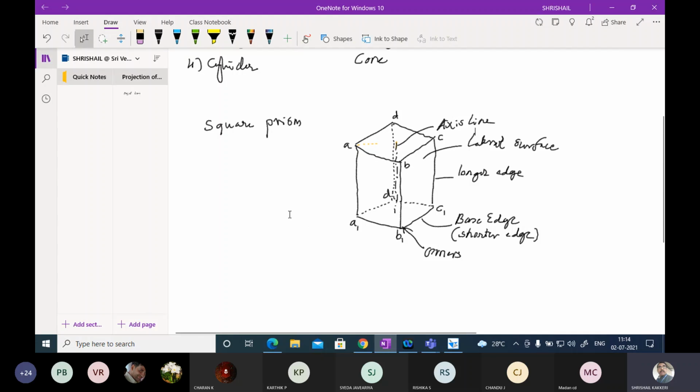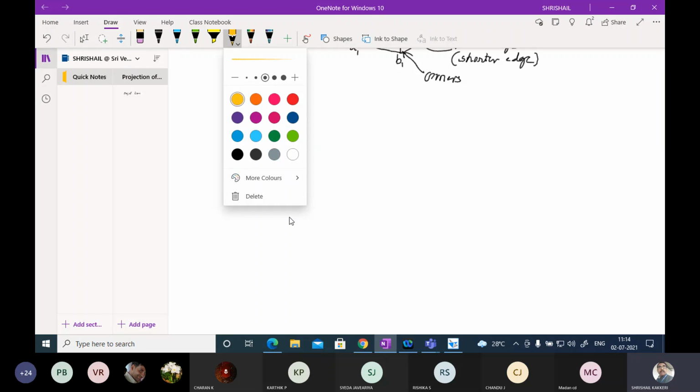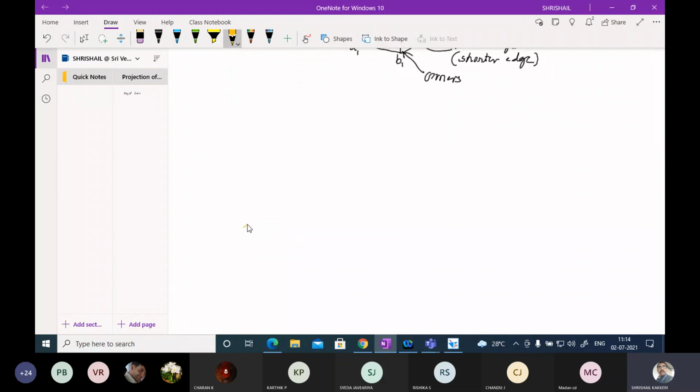Now, similarly, if you are talking about the cone, or the pyramid, I am going to talk about the square pyramid. Please look here. I am going to take a square pyramid and join this.